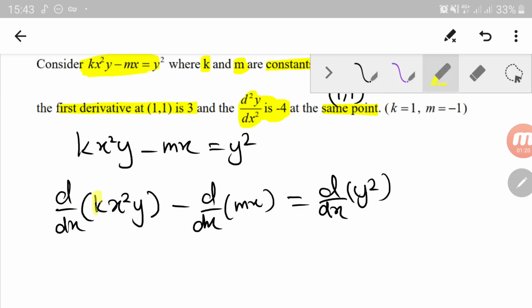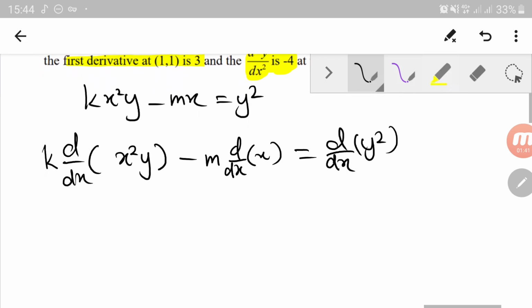Now, since k and m are both constants, we can put them outside so that we won't get confused. Okay, I think that's good.